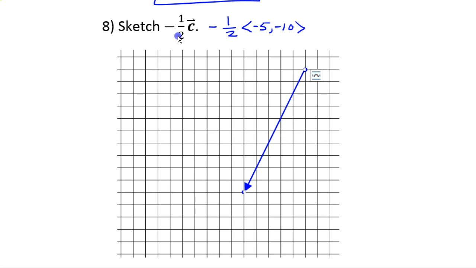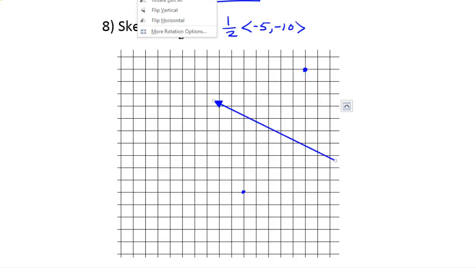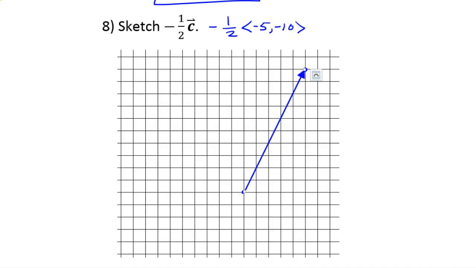So I need to do two things. I need it to be negative, which means I need to reverse the direction of it, and I need it to be half as long. So for starters, let's reverse the direction of it. Now if I want to, I can use what I have and I can rotate it 180 degrees.